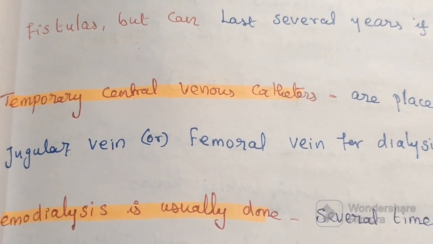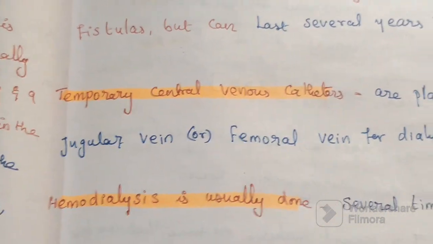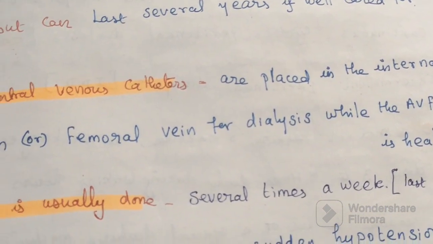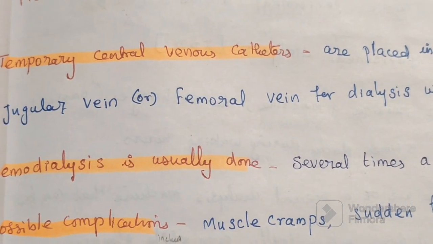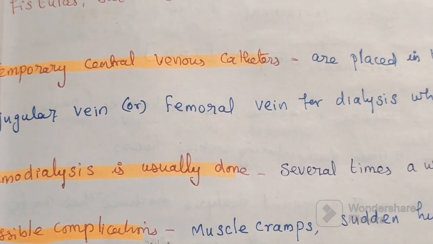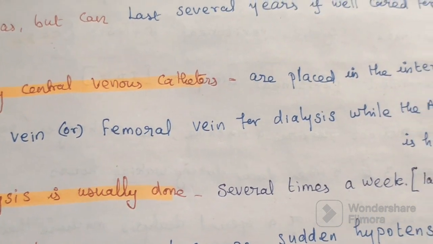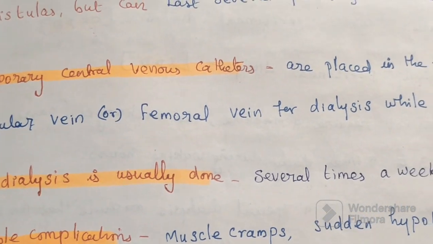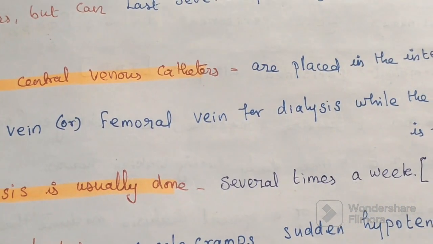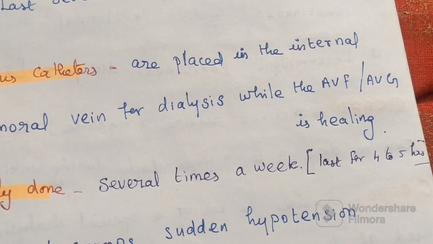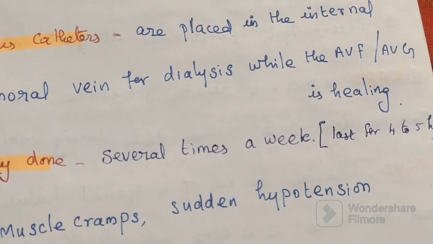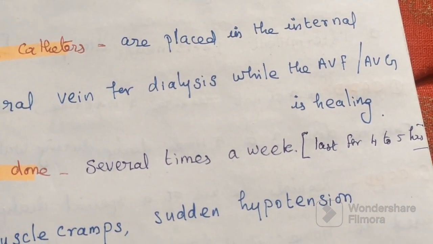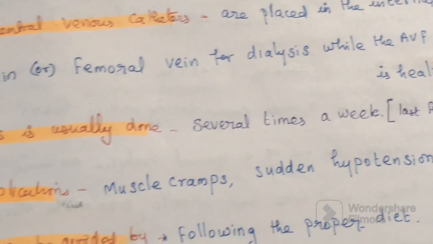Then temporary central venous catheters are placed in the internal jugular vein or femoral vein for dialysis while the AV fistula or AV graft is healing.